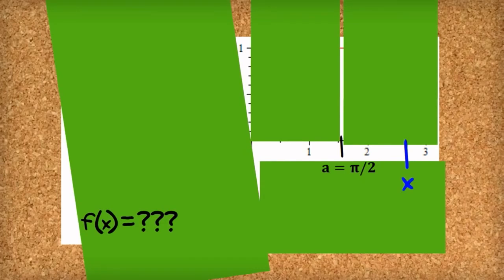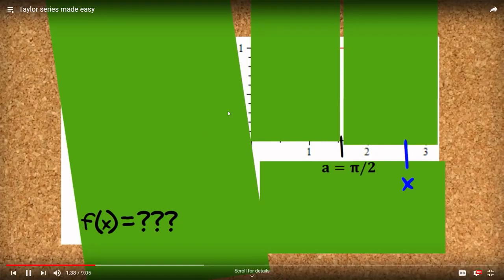So x could be anywhere. It must work for basically all x, but I'm just going to put x here for the purposes today.